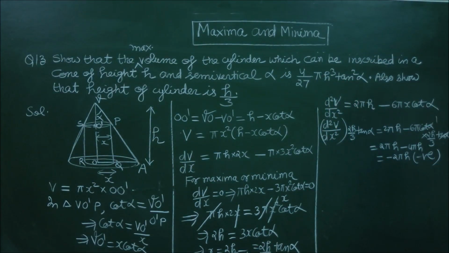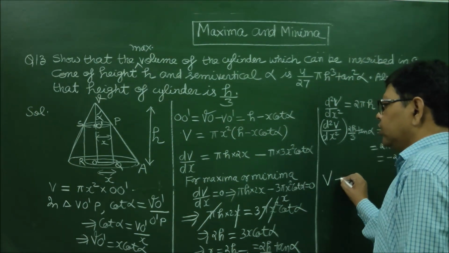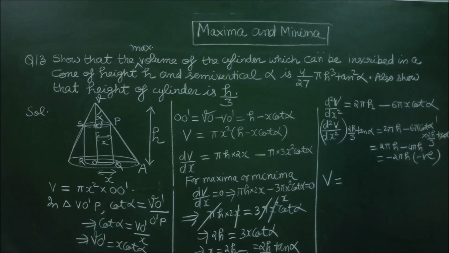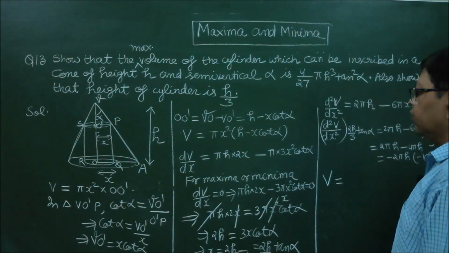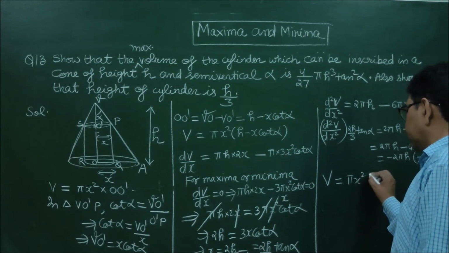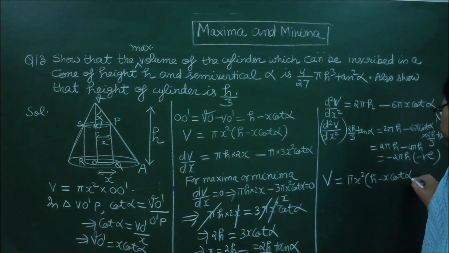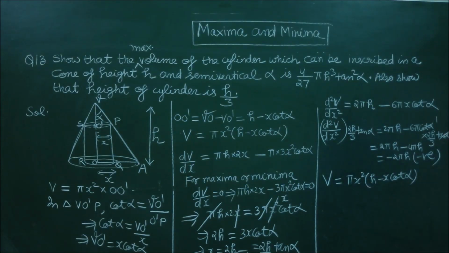Now let us find the maximum volume. Maximum volume is equal to pi x square into h minus x cot alpha. Here we put x equal to 2h by 3 tan alpha.